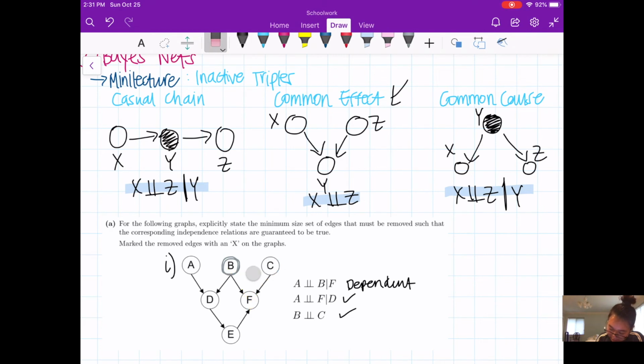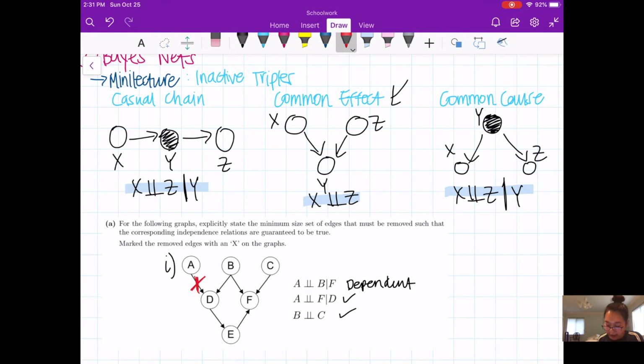Cool. So the main issue we need to fix is to make A independent to B given F. And our issue was that they're connected. So the easiest way is to just remove this AD edge, because if we remove it, the second one will still be independent since A is just floating on itself and not impacting anything.